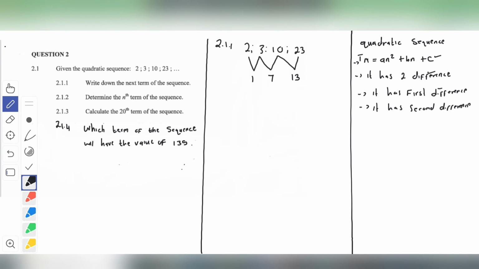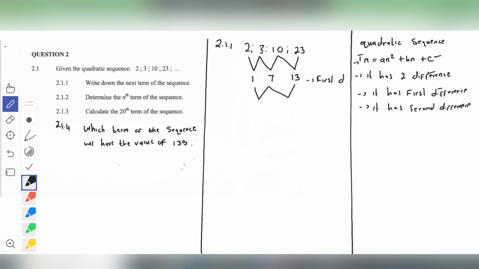Then we are not done. We can see that we don't have a common difference. That's why they call it a quadratic sequence, meaning it has the two differences that we talked about. So we also have to do another difference. Remember, this is the first difference, which is 1, 7, 13.